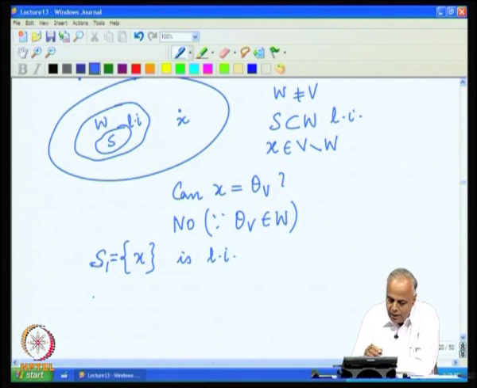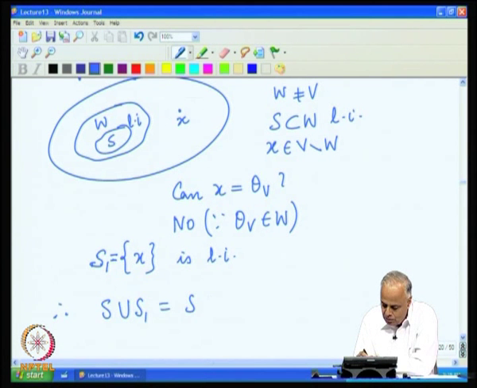Now, we have a linearly independent set outside W and we have a linearly independent set inside W. Therefore, by previous analysis, these two union must be linearly independent. Therefore, S union S1, that is S union x, is linearly independent.